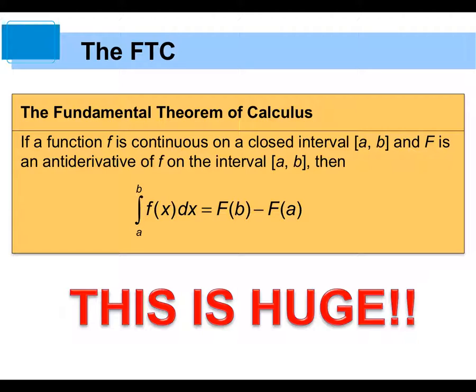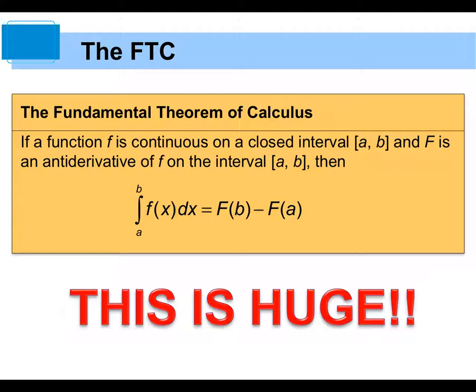It's real simple. You take the antiderivative, which is capital F, you plug in b, you get a numerical value. You plug in a, you get a numerical value, you subtract the two, you're done. So remember, capital F is the antiderivative.